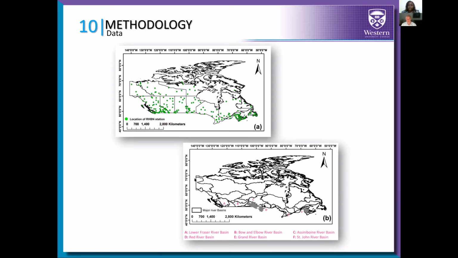The bottom map is showing the 6 different basins that are used for the verification or validation of the model. The choice was basically made based on the availability of the maps that can be compared with the maps generated through our methodology.